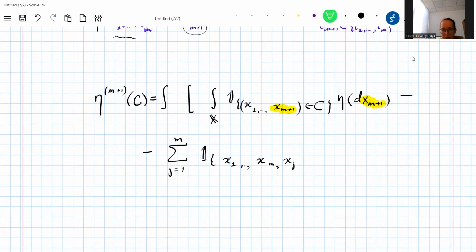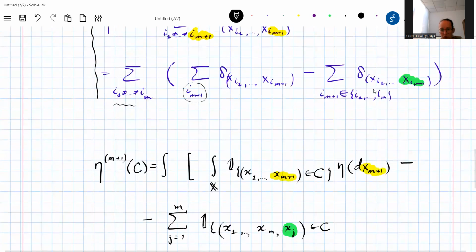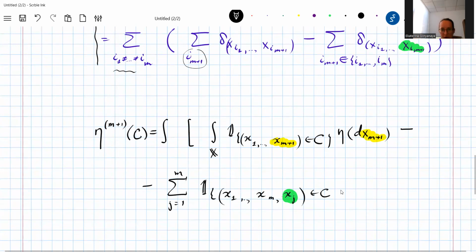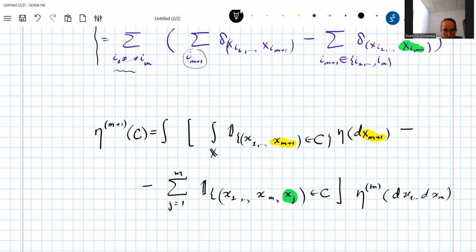So the last point can be one of the previous ones. And this vector belongs to C. So I just write down this summation without the integral. And now I close the bracket and I write this integral with respect to the factorial power of order m, dx1 ... dxm. So this is an integral over the space X to the power m.